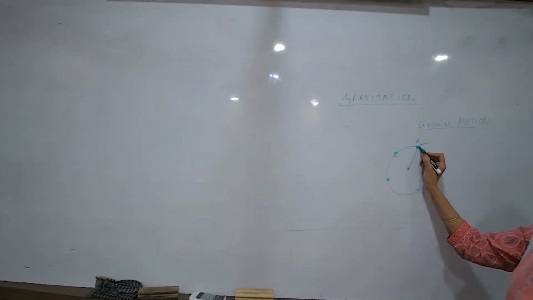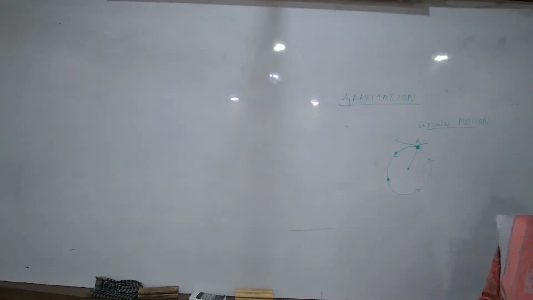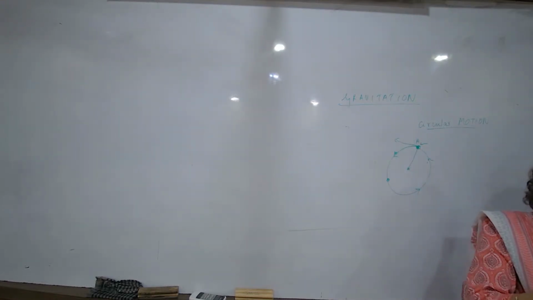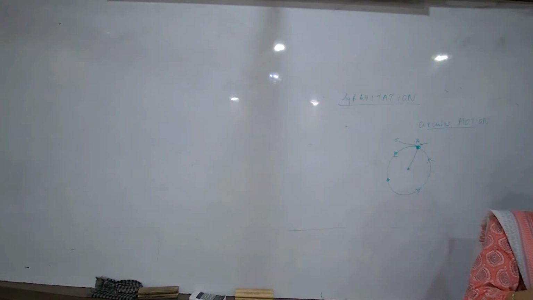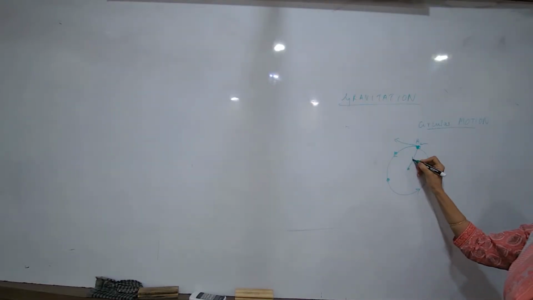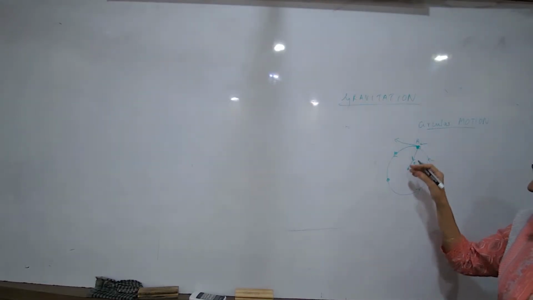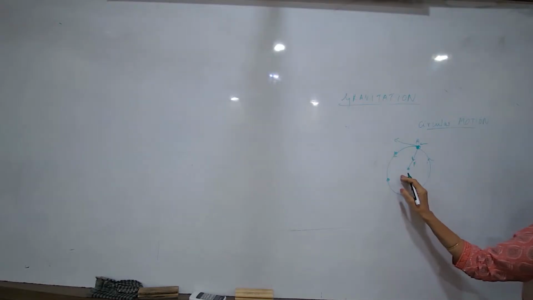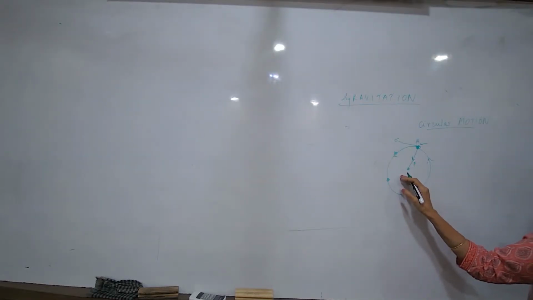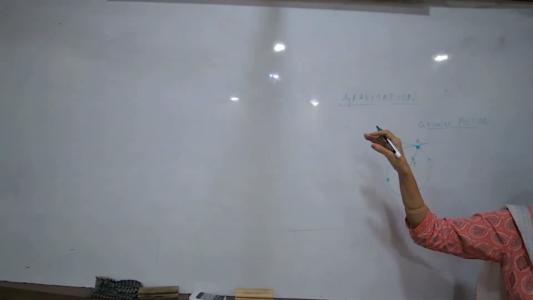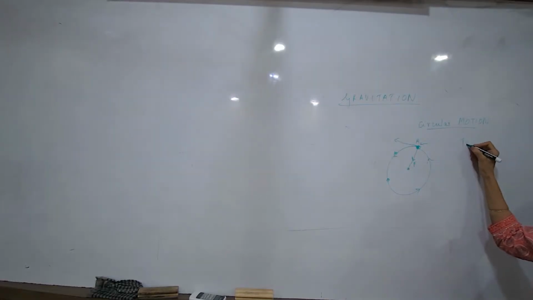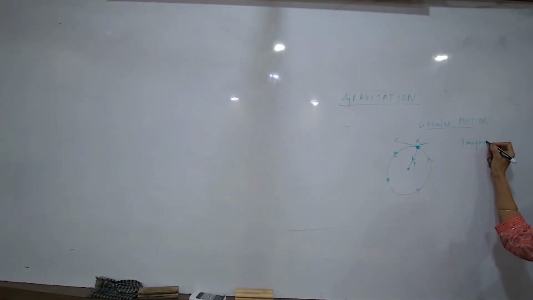So what is tangent? It is at a right angle to the direction of the force. The force is towards the center and the direction of the object is tangential. What is tangent? Perpendicular.